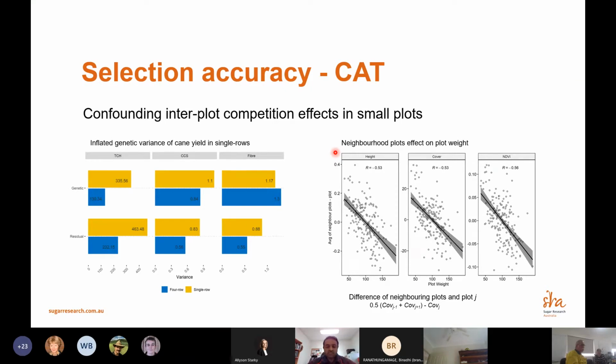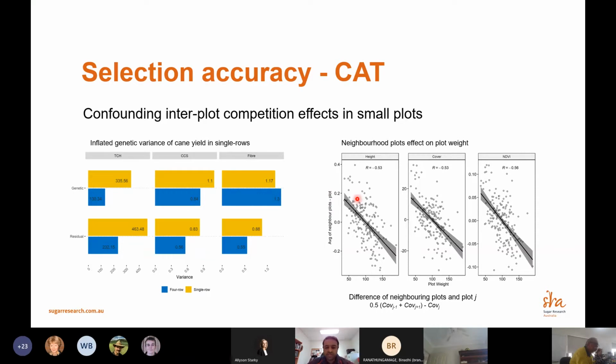In such cases, it's quite difficult to phenotype the shorter genotype accurately, or to measure its true yield potential in such competitive environments. And this graph shows just that. On the x-axis is plot yield, and on the y-axis is the difference between the average of the neighboring plots and the plot values.